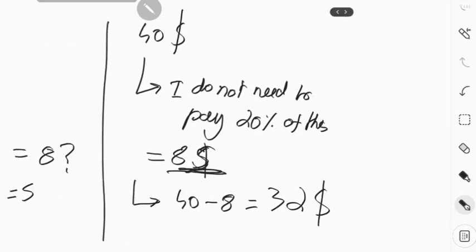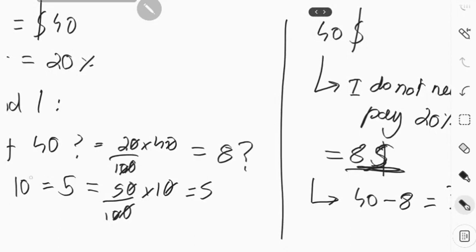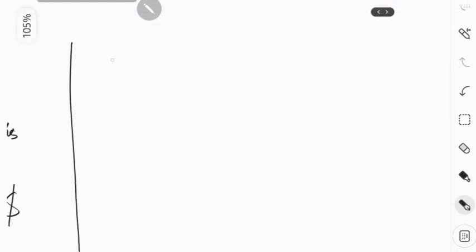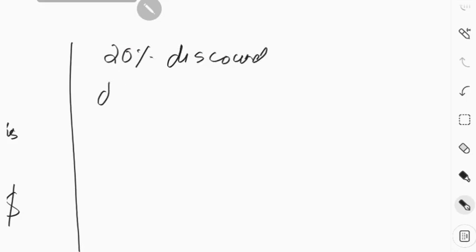So you see, this method is a bit large. What you want is a more effective way to go about it. So what's the method? 20% was the discount. What does discount mean? Discount means a decrease.